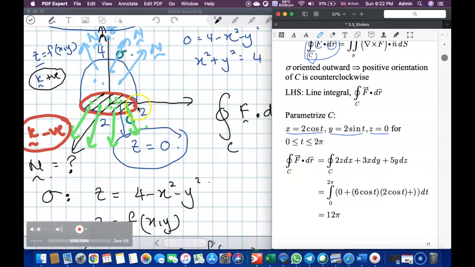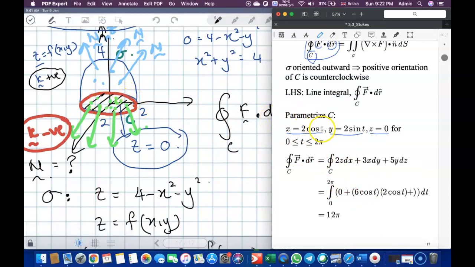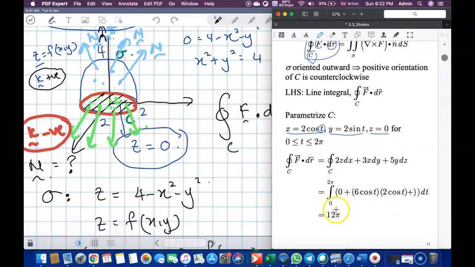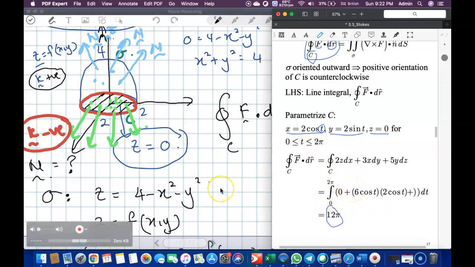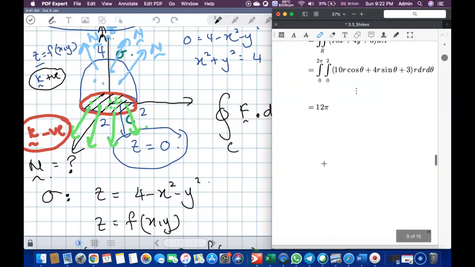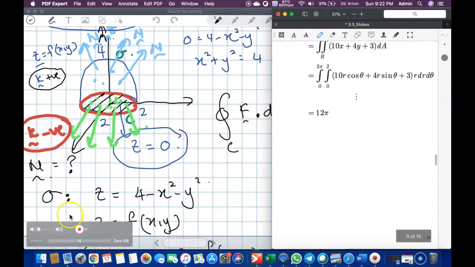Okay, and you can see that your t or theta, if you are using t, is an angle, so you have a full circle, so your t should be 0 to 2 pi, and you will get this one. You can see here the answer is the same as our calculation just now using the surface integral. So that is example 5.19.